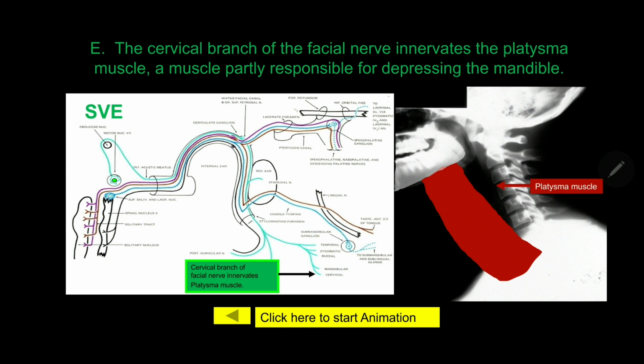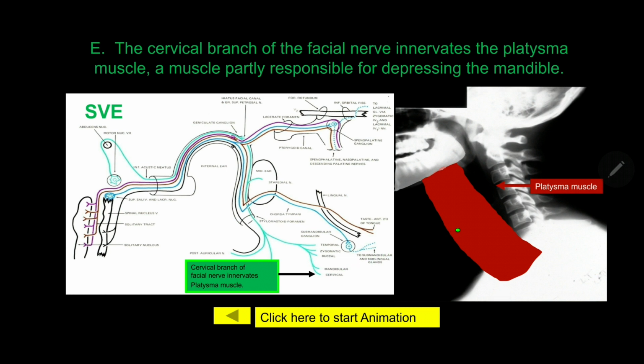Now the cervical branch, the last terminal branch of the facial nerve, innervates the platysma. The only muscle that it innervates is the platysma muscle, a muscle partly responsible for the depression of the mandible also. So here I'll show you how it depresses the mandible. Look again, the impulse arising from the main motor nucleus of the facial nerve courses along this facial nerve via the cervical branch.